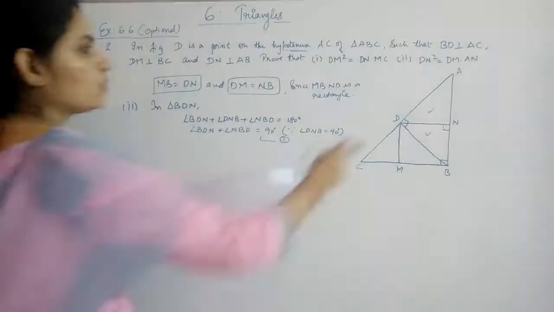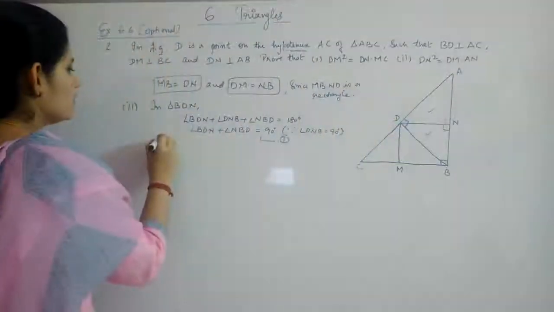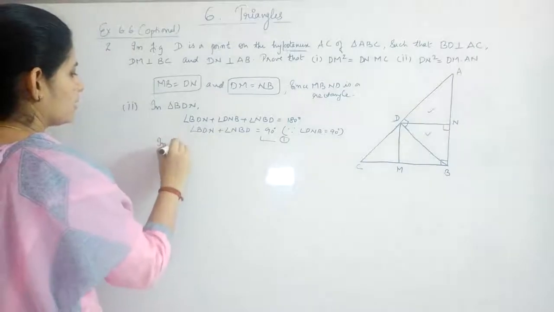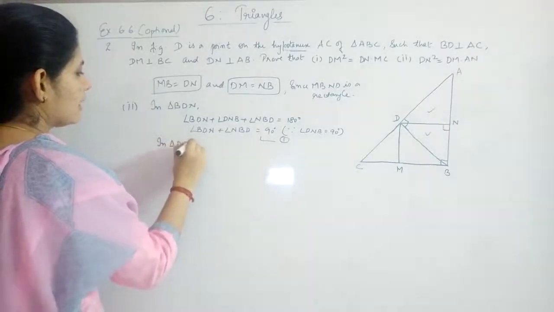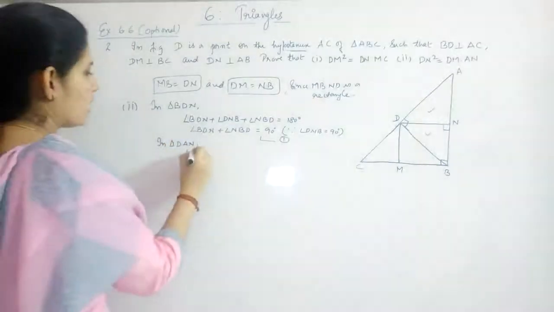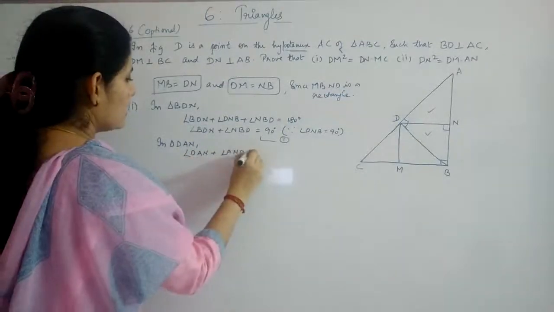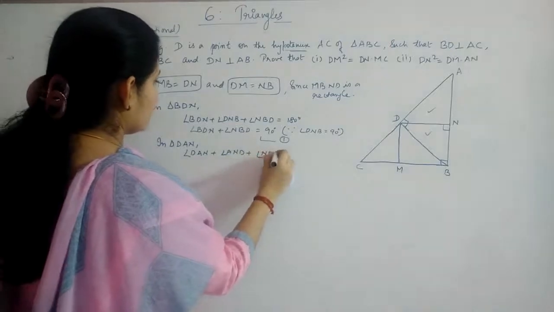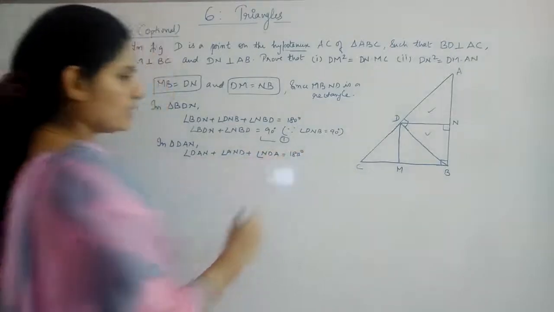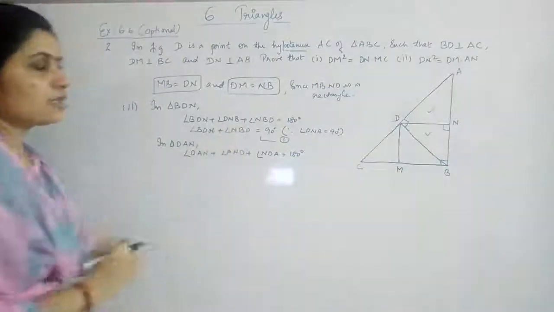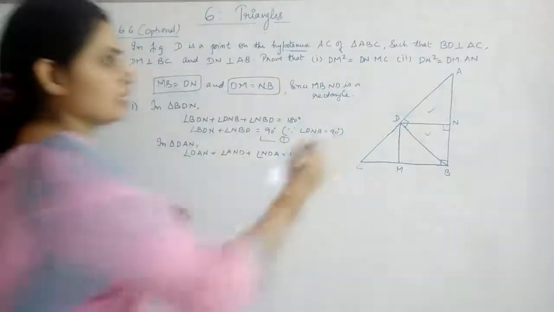Now you can move on to the next triangle, which is triangle DAN. Consider triangle DAN. In that also you will have angle DAN plus angle AND plus angle NDA is equal to 180 degree. Sum of all the angles to be 180. Now what angle you have already to be 90 in this triangle?